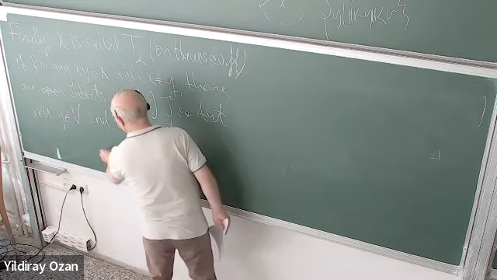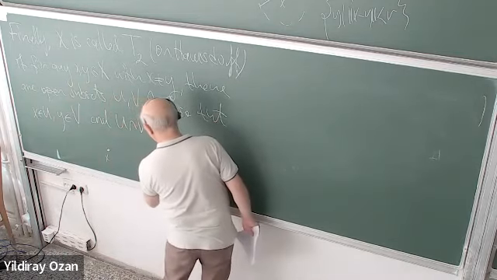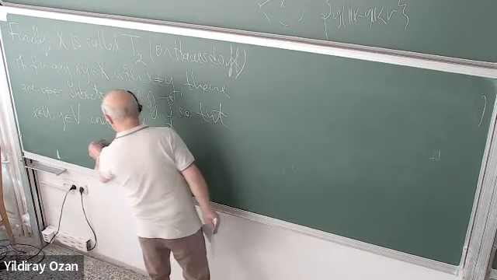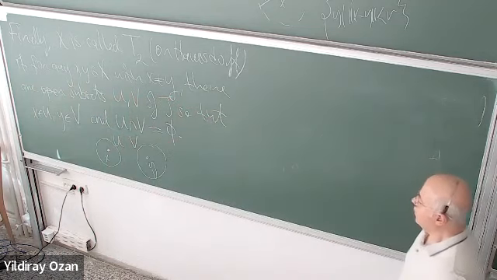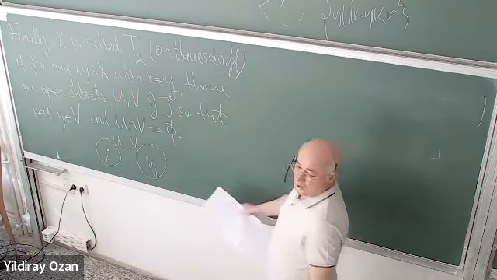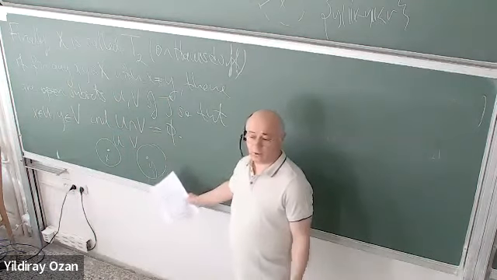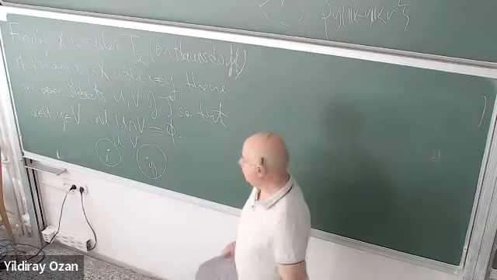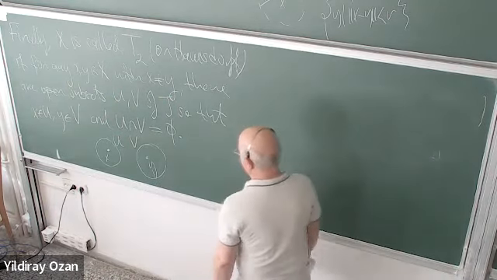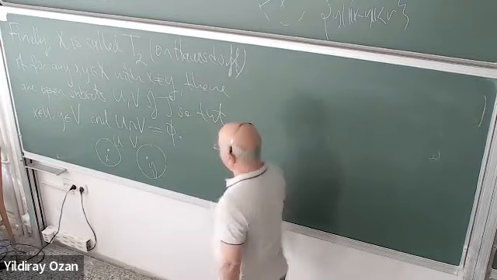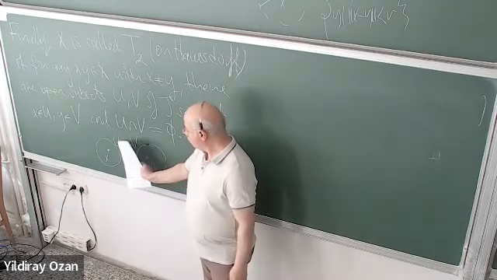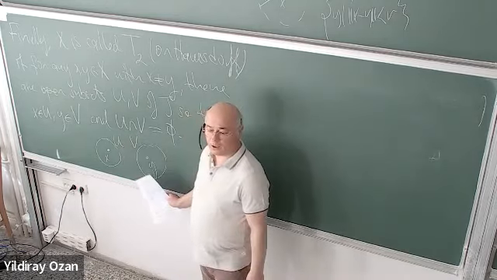So we have open sets like this, okay? Of course, this property is stronger than T1. In T1, you have both U and V, but U and V may intersect.